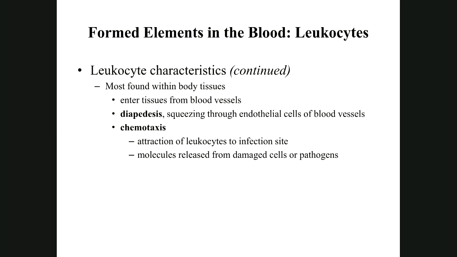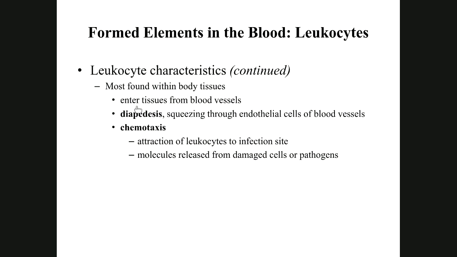Let's talk real quick about some of their characteristics. A couple of characteristics, and this is super unique, so make sure that you understand this process of diapedesis and emigration. Diapedesis means that they can squeeze between the cells in blood vessels. What that does, and I've said this before, the only place that we can exchange in and out of the bloodstream is at a capillary, except for these white blood cells.